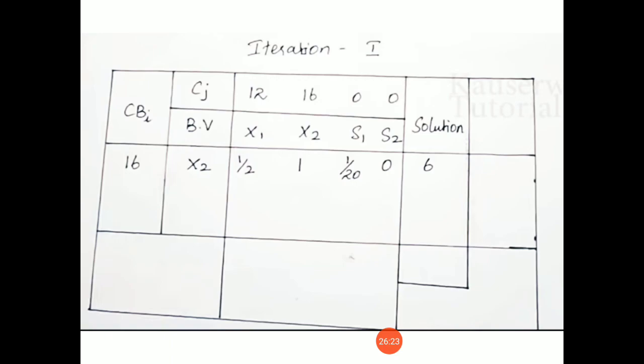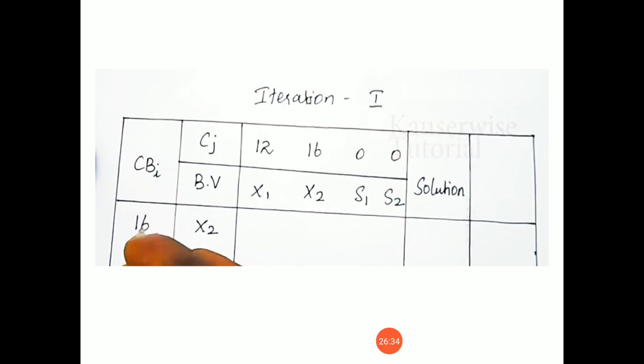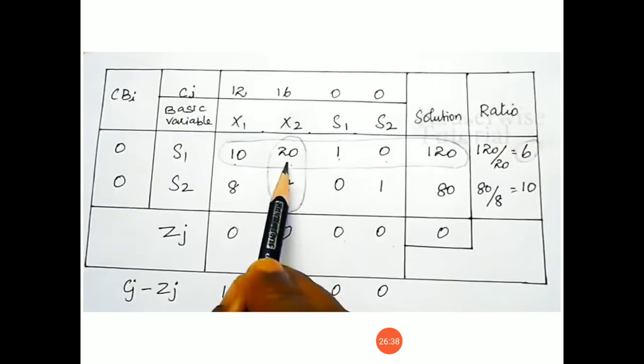Now the next step is I need to fill the elements in the x2 row. So how will I be filling the elements? Let me again go back to the initial simplex table. In the initial simplex table, the first row elements were 10, 20, 1, 0, 120.